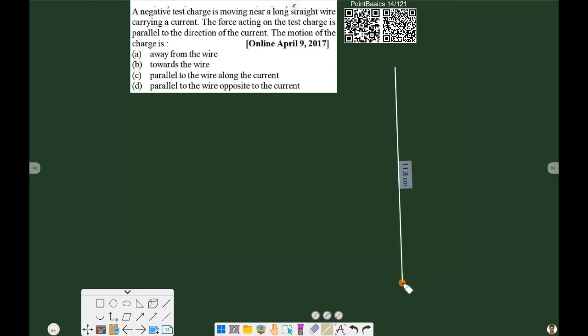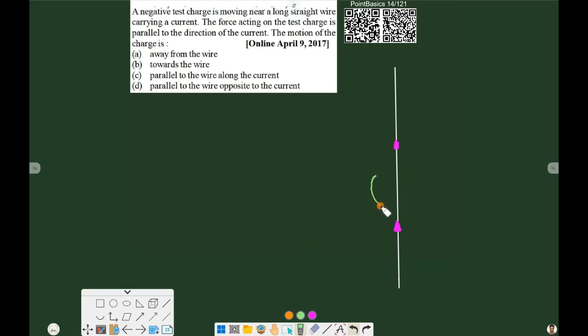This is our wire, and suppose there is an upward current in this wire. So the direction of the magnetic field will be something like this.